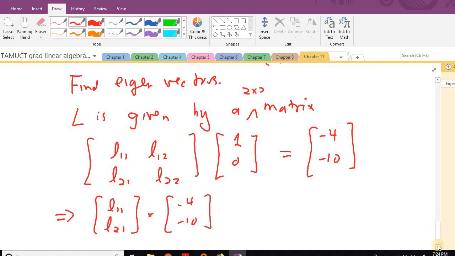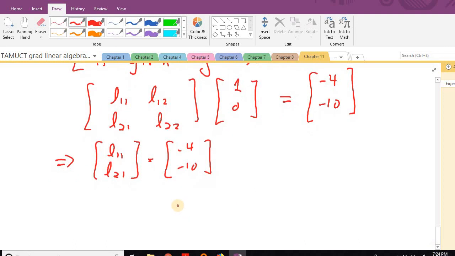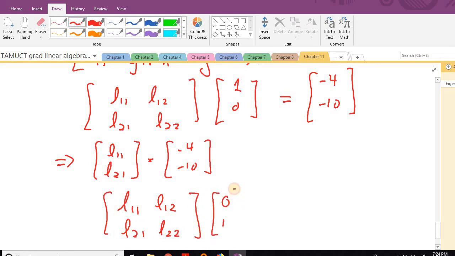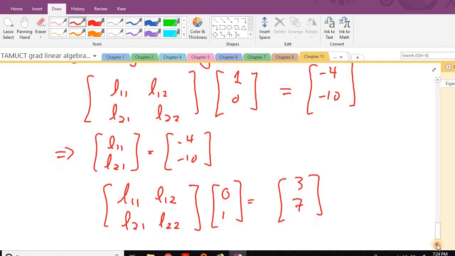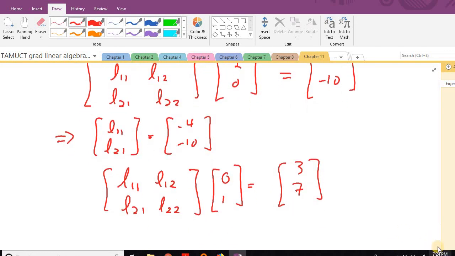All right, now I have the (0, 1) also. Times (0, 1) is equal to, I guess it was (3, 7). So that tells me what? Yeah.